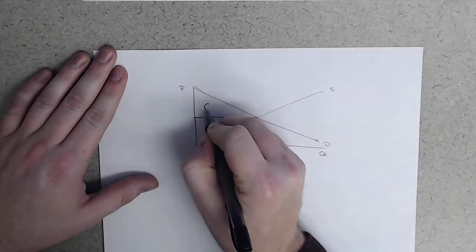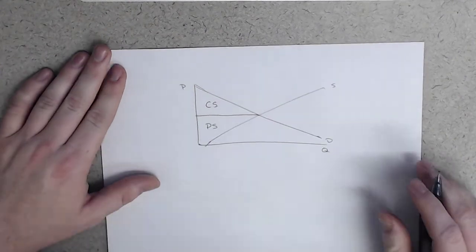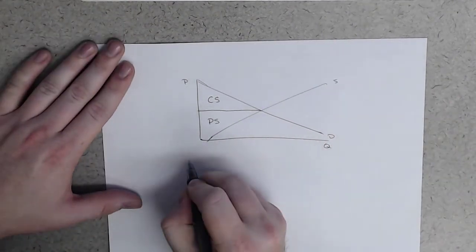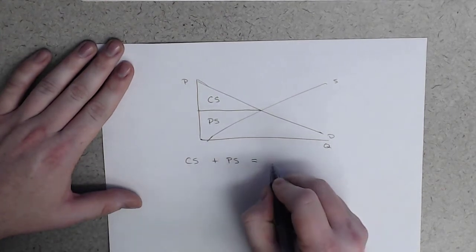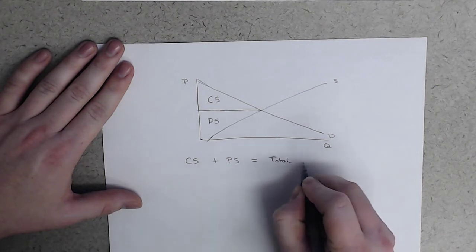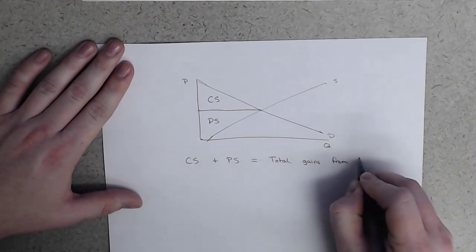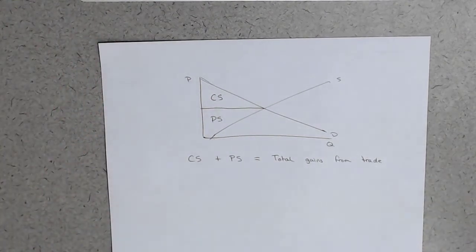This whole area here is all consumer surplus, and this whole area here is all producer surplus. And consumer surplus plus producer surplus are equal to the total gains from trade. These are the total benefits of all the trade that happens.